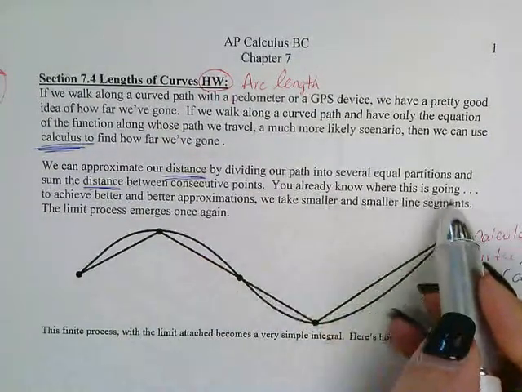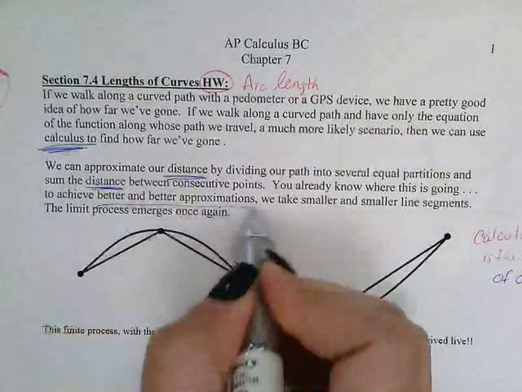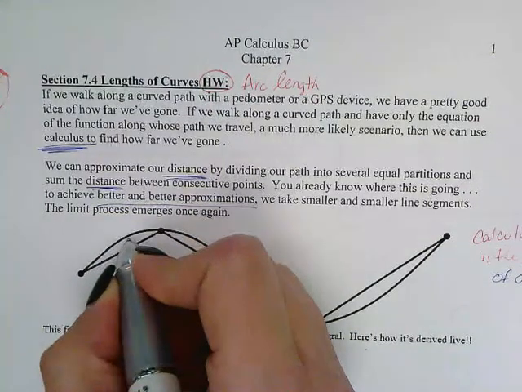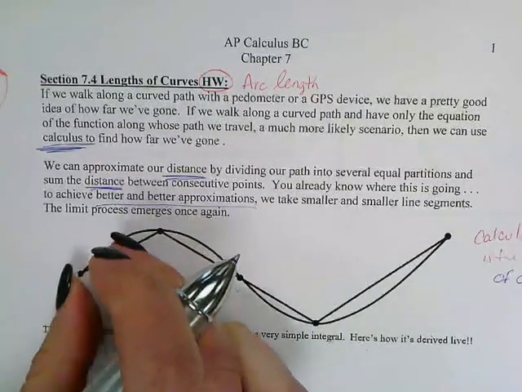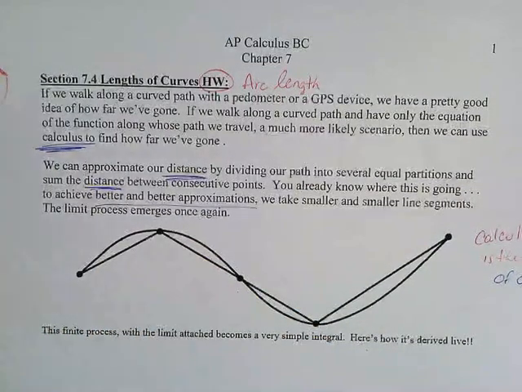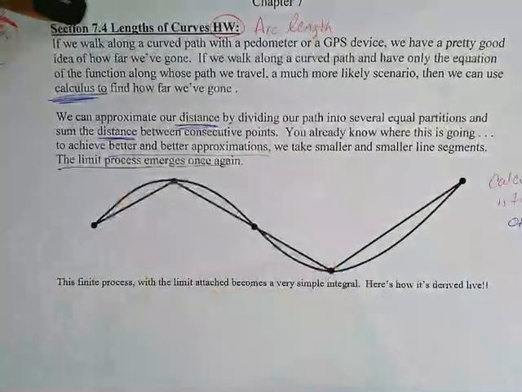You already know where this is going, so to achieve a better and better approximation, what can we do? We can take smaller distances, but of course now we're going to have distance plus distance plus distance plus distance, so it's going to be a lot of different equations. So here the limit process will emerge again.